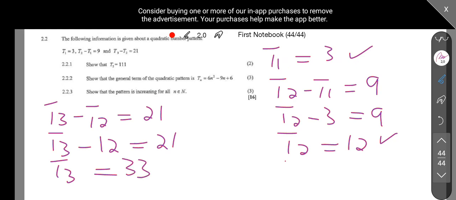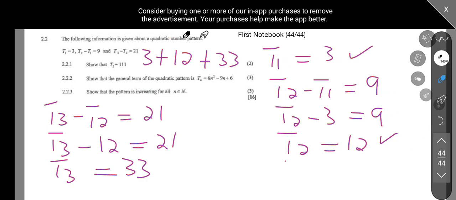So this means that the sequence given here is 3, 12, 33.